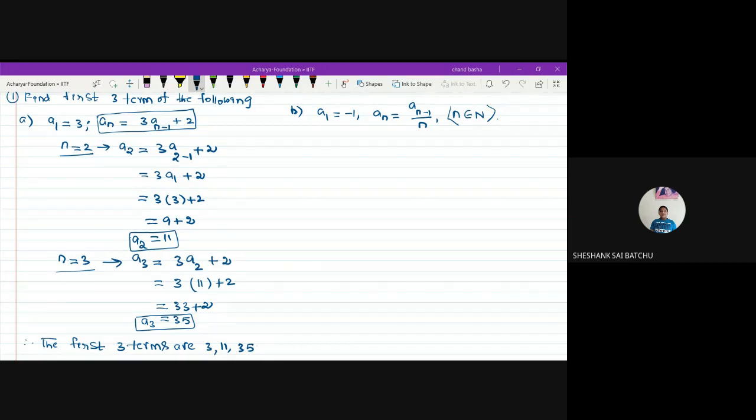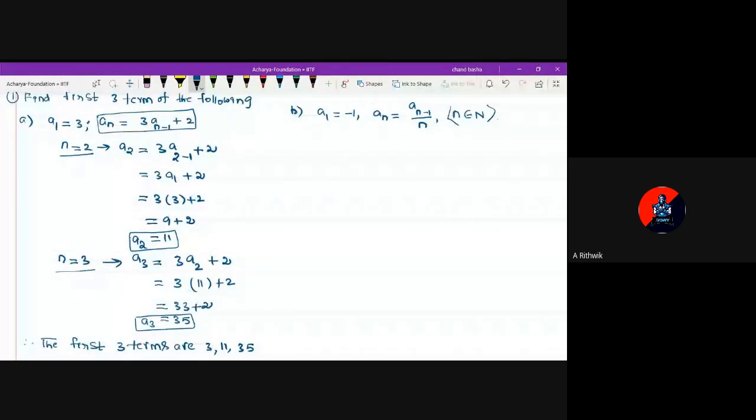Put n equal to 2 and then you can decide. Sir, I didn't understand the second one, sir. n is equal to 3. How did we get 3 in the brackets, 11, sir?